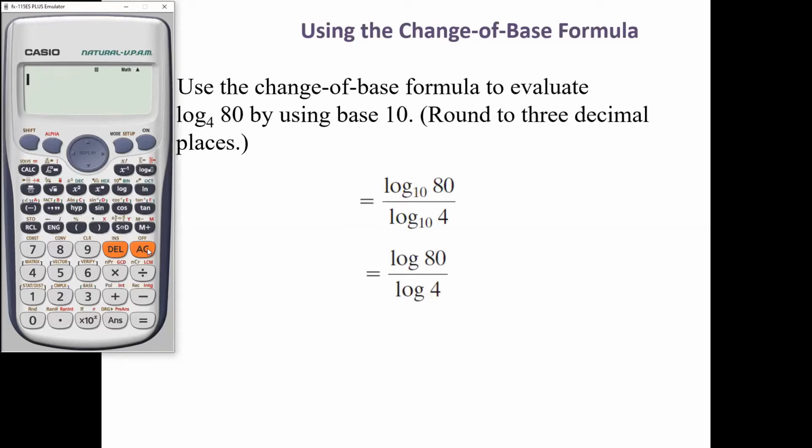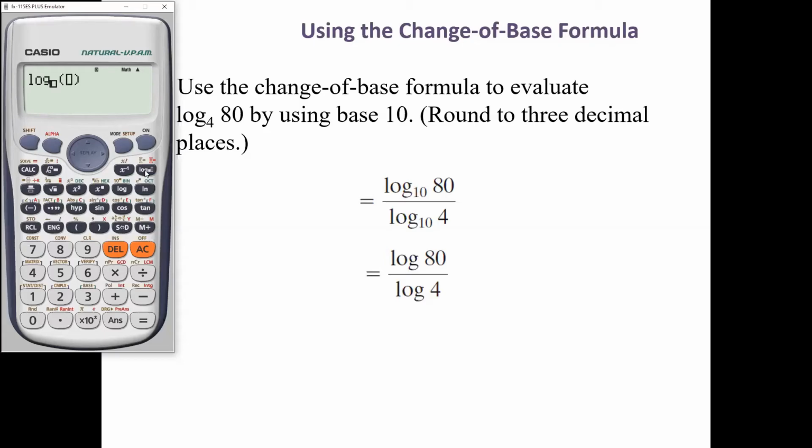In the calculator, you could use this key right here, fraction, log 80, close the parentheses, down, log 4, close the parentheses, equals.